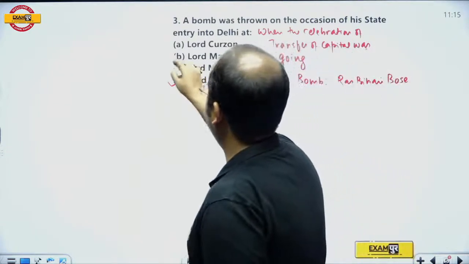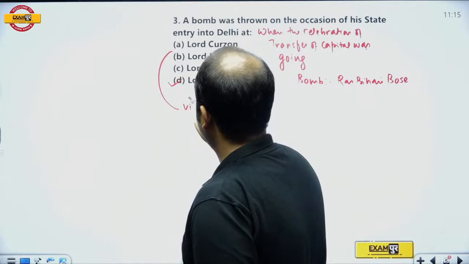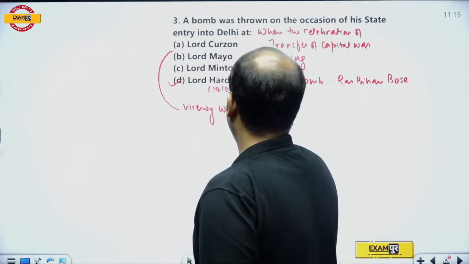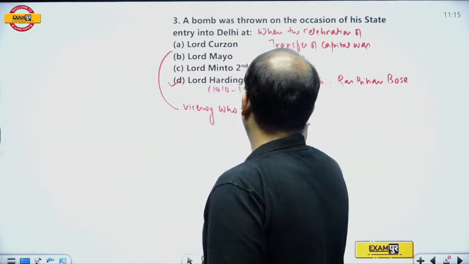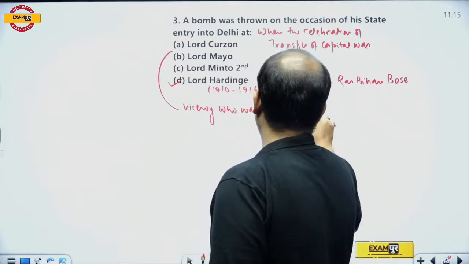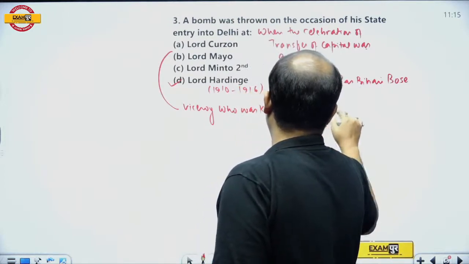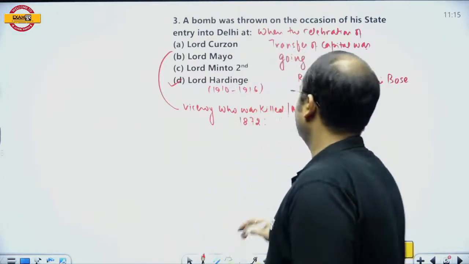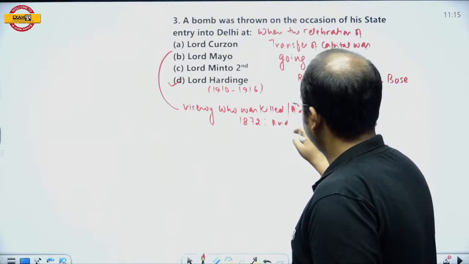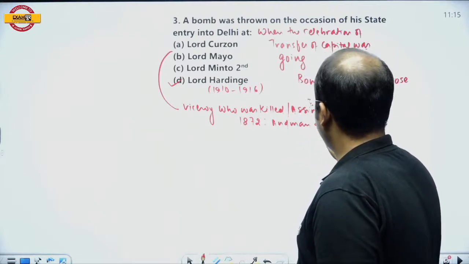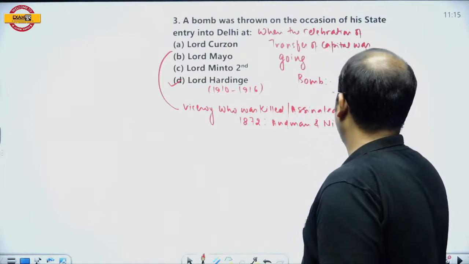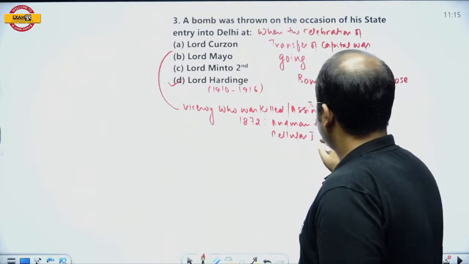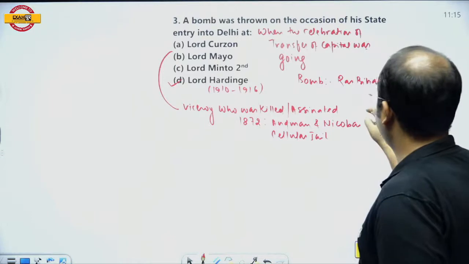Lord Mayo is the only Viceroy who was killed or assassinated, and he was assassinated in the year 1872 in Andaman and Nicobar while inspecting Cellular Jail by Sher Khan Afridi.